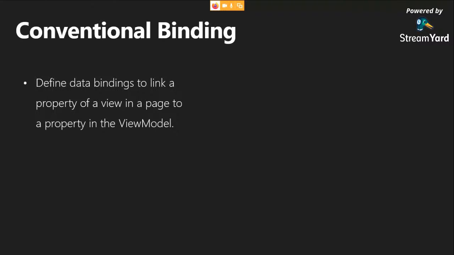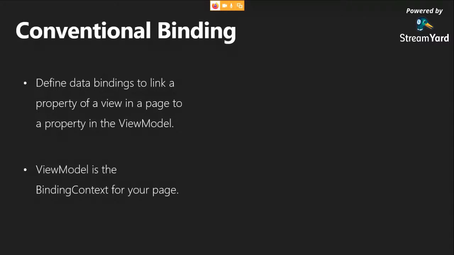What conventional binding brings in is that it defines the bindings to link a property in a page to a property in the view model. That's how it works, through the binding context of a page. It's not just about the page. For any visual element in Xamarin Forms, if you want to do a binding, you need the context to be set accordingly.